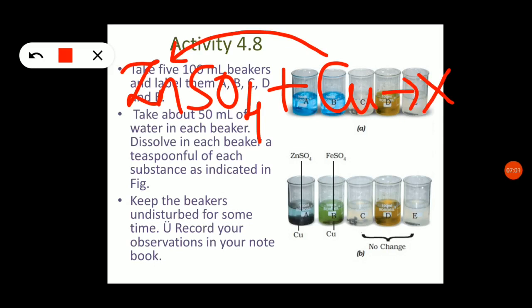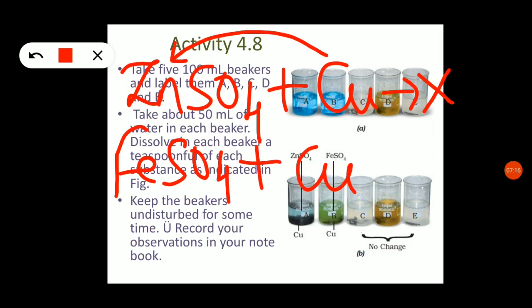Similarly, when you take beaker D, you had taken ferrous sulfate plus you had added copper. Here copper is less reactive than the iron.